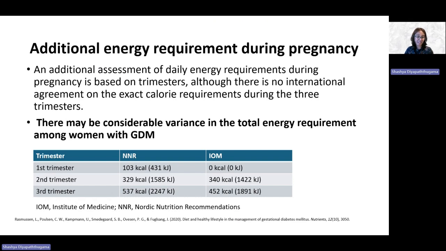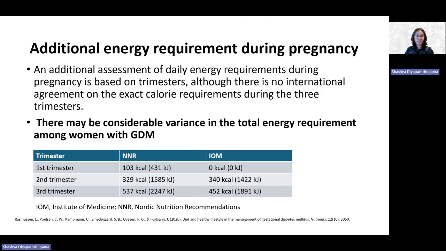According to IOM, if a woman is in the first trimester, we are not adding extra energy, but according to NNR guidelines, they are adding 103 kilocalories, which is very small. So these 2 organizations don't have much difference.